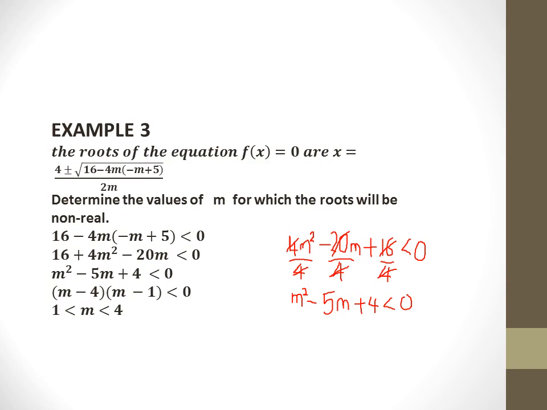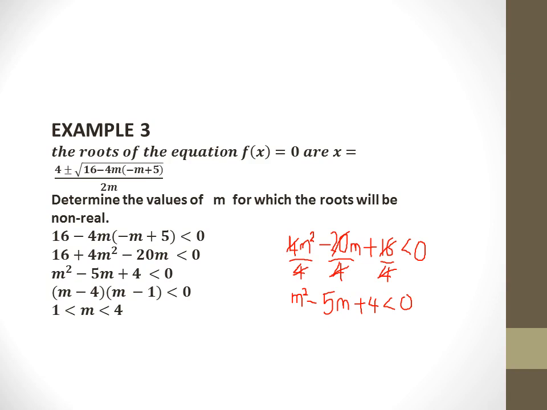So 4m squared divided by 4, 20m divided by 4, 16 divided by 4. So 4 will cancel 4, left m to the power 2. Negative 20 divided by 4, what is left? Negative 5m. And 16 divided by 4 is 4. Hence we have m to the power 2 minus 5m plus 4 less than 0.